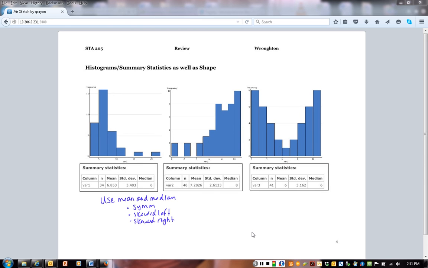So how do we look at shape for the numbers we have here? I did give an example of each here. What we see with the first graph is a skewed to the right graph. Which way you slide off is the way that it's skewed. So the majority of data is on the left, which means we're actually skewed right.